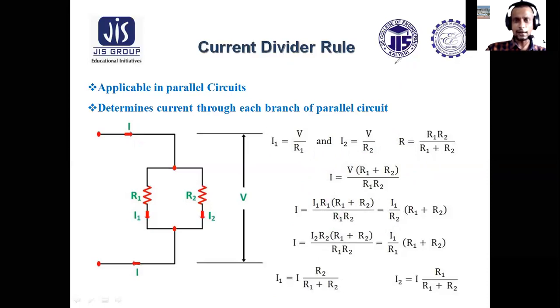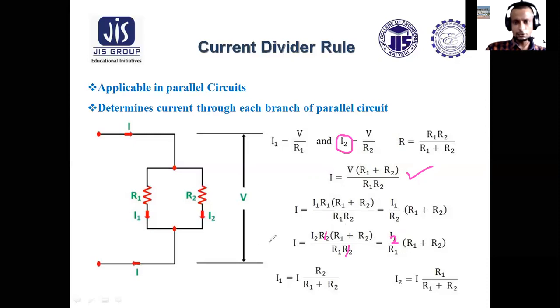Similarly, to find the equation for I2, substitute V by I2 R2. Once V is substituted by I2 R2, we get I equals I2 R2 into R1 plus R2 by R1 R2. Now R2 will be cancelled, so I equals I2 by R1 into R1 plus R2.